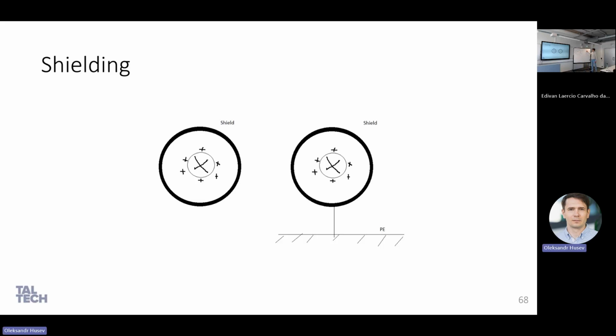We talked before that it acts as a Faraday cage, because if you have some external electric field, you will have a distribution of charge which creates an opposite electric field that compensates the external one. So the not grounded case protects our circuit from the external electric field, right? Pay attention, the total charge of this metal is still the same. It's neutral.